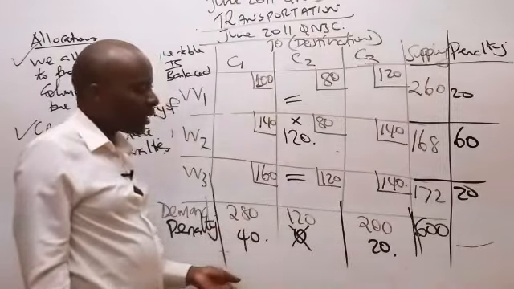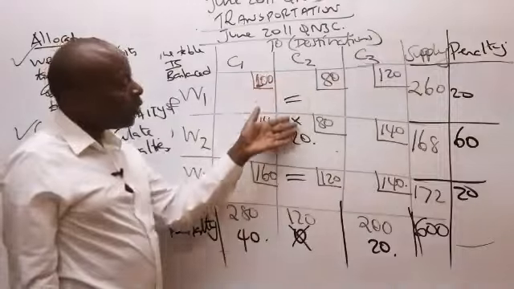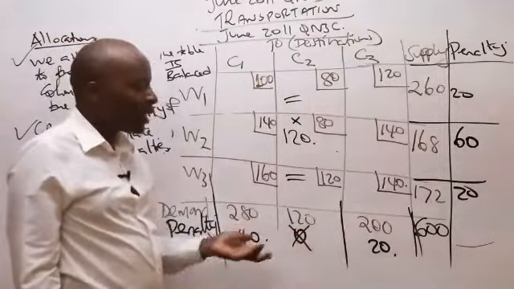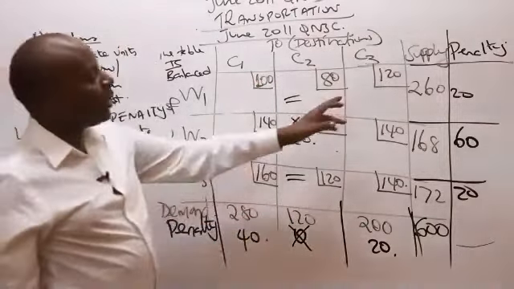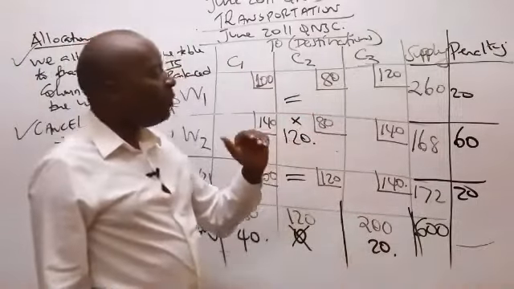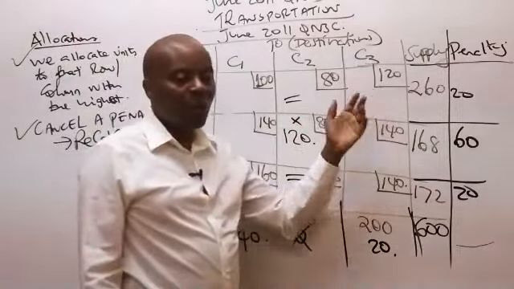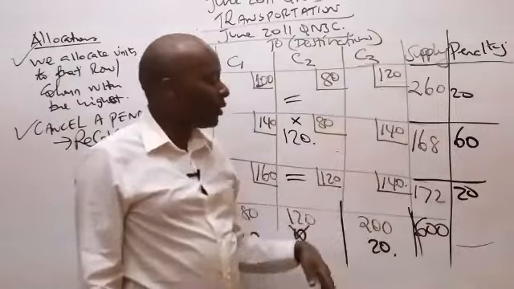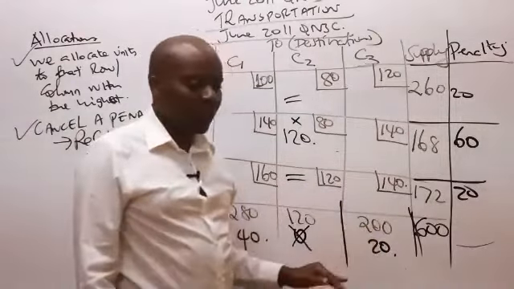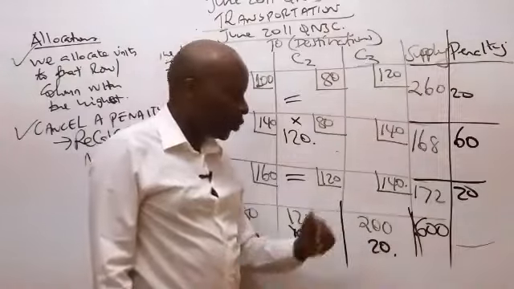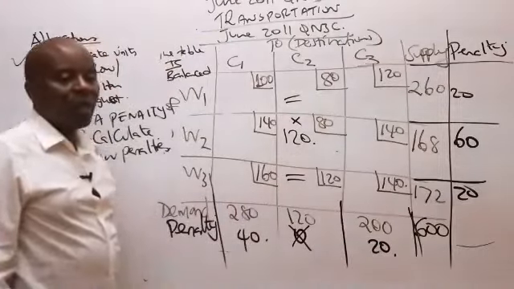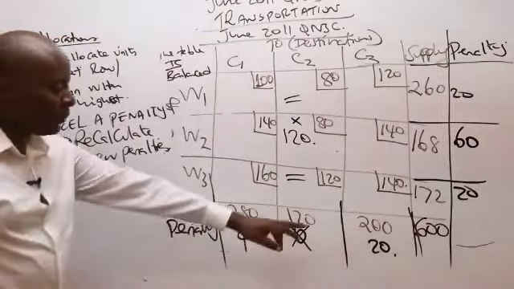I just leave it like that. The second column penalty, I'll not look for because the column is already cancelled. Come to the third column, the very best is 120. So 120 vis-a-vis 140 still gives me 20. So I'll not recalculate this one, I'll not change that figure.